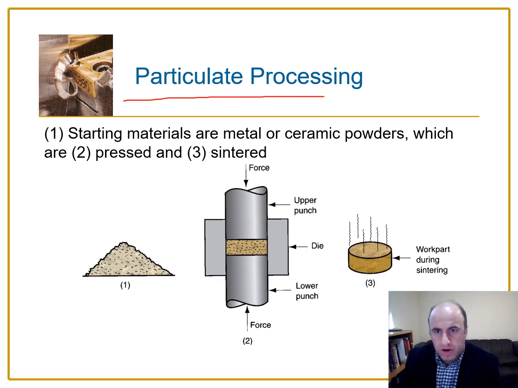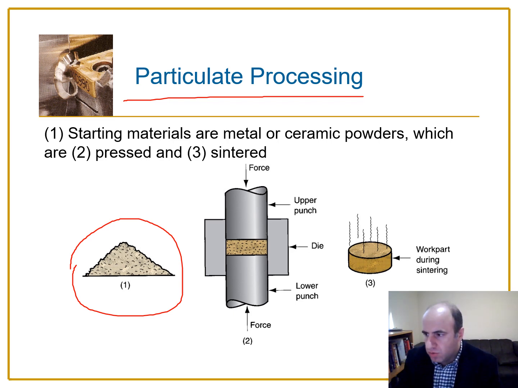Next one is particulate processing, where we use a raw material as a powder. Powder can be metal powder or ceramic powder, and then we compress the powder.